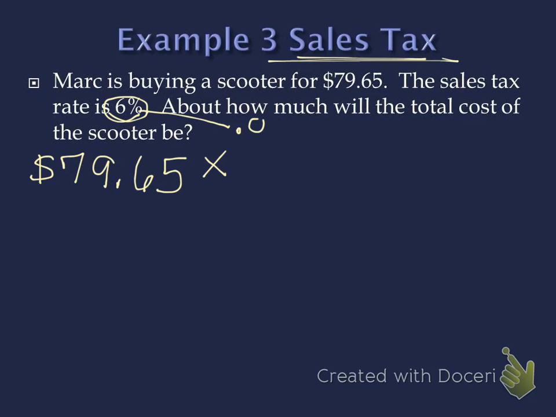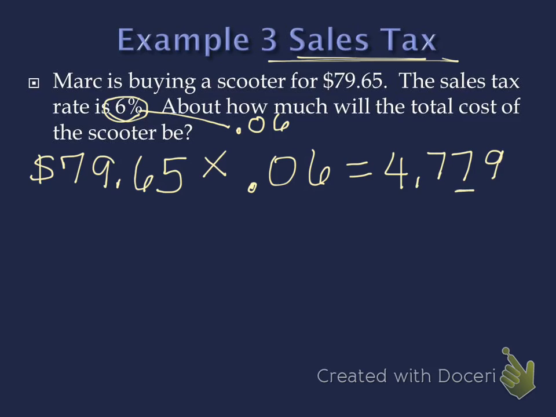Once again, don't forget you have to write this as a decimal, so $79.65 times 0.06. If you'll take a minute, punch that in your calculator. And that gives us 4.779. Let me just double check myself.